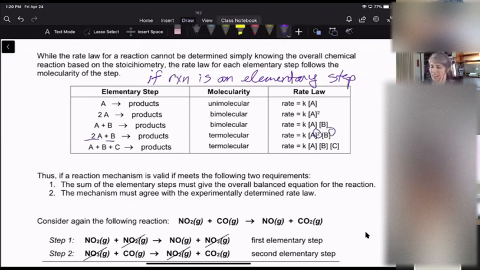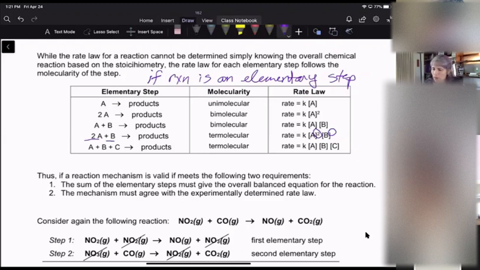Now, of course, we might guess that at some point, but we would use experimental evidence to confirm it. The thing is, with an elementary step, we may not have access. If it has an intermediate in it, we may not have access to that initial concentration because there's no way you can put in an initial concentration of that intermediate, like the NO3.